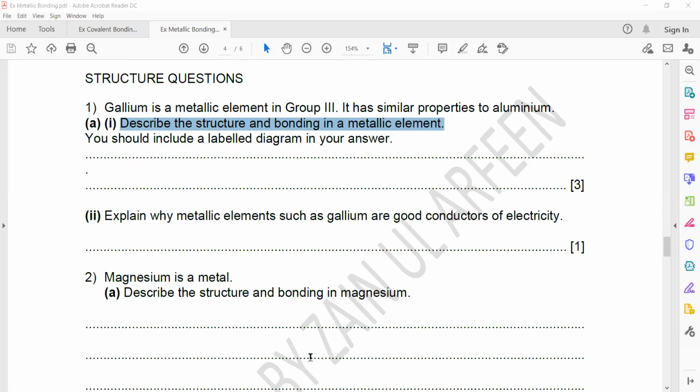So the answer for this question: it has a giant structure.